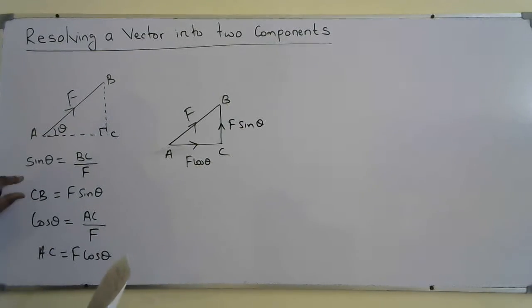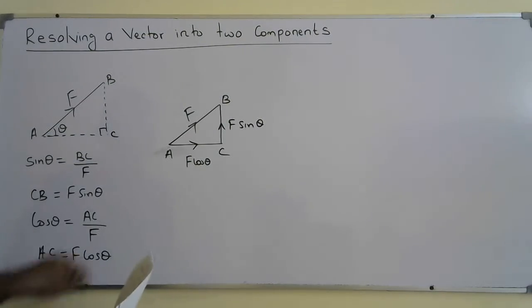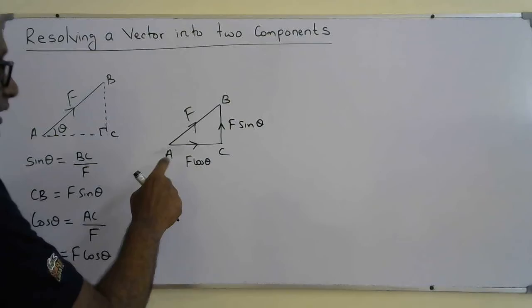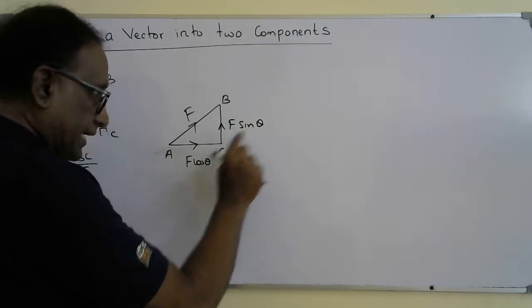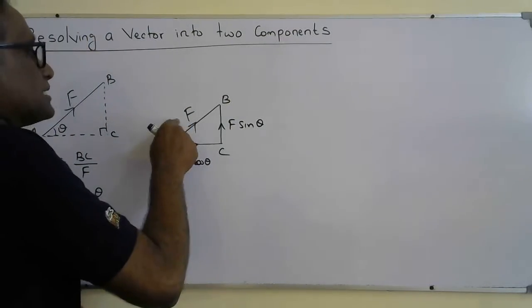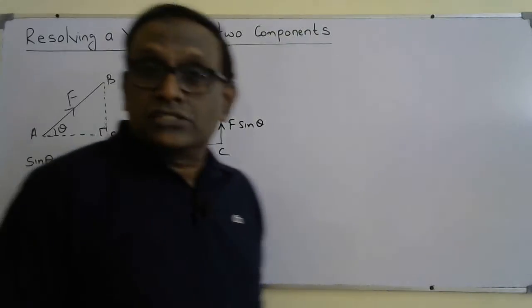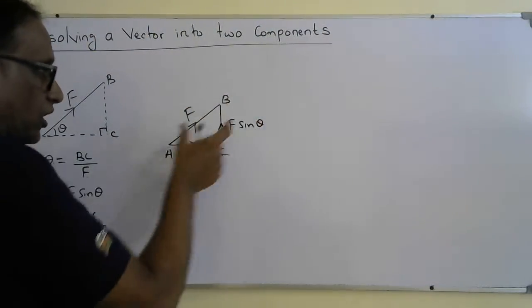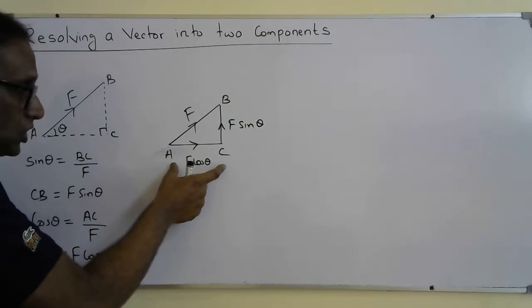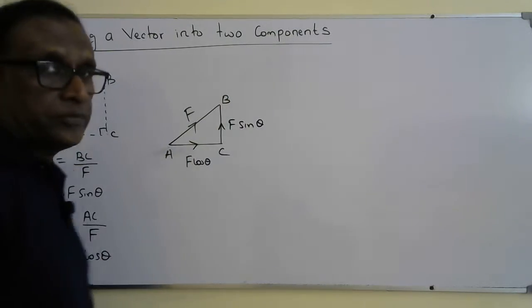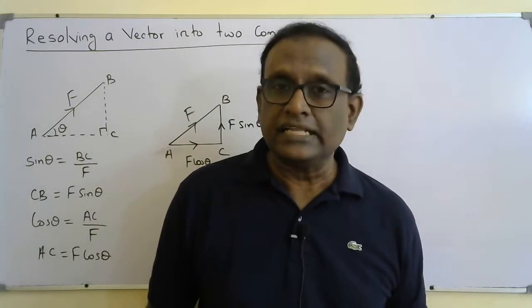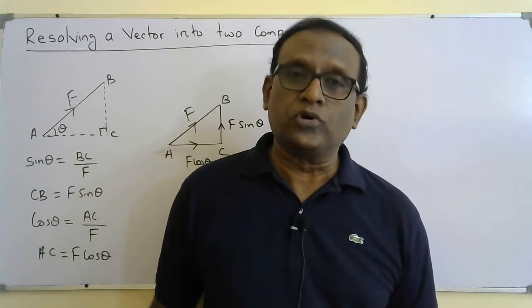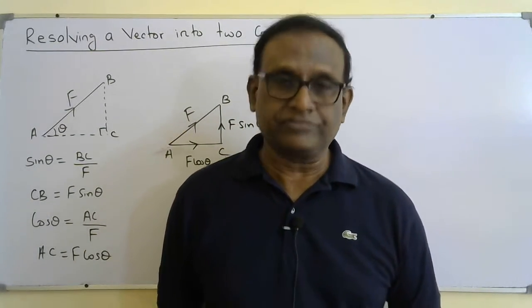If I draw only these two lines, AC and CB, the resultant of these two vectors should represent the force F. These two lines are called the horizontal component and the vertical component, or generally two perpendicular components of the given force F.